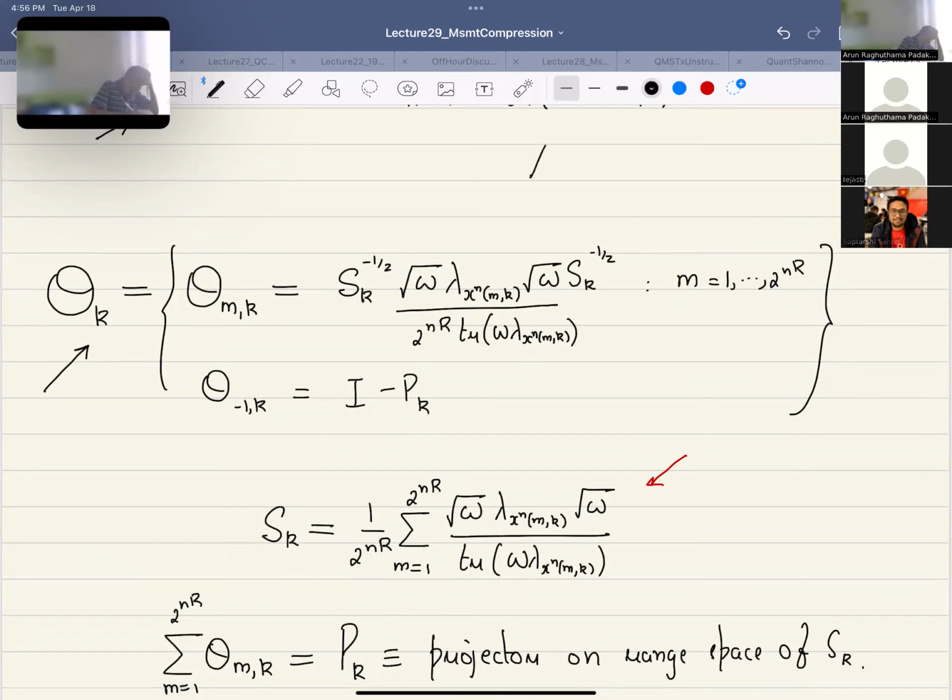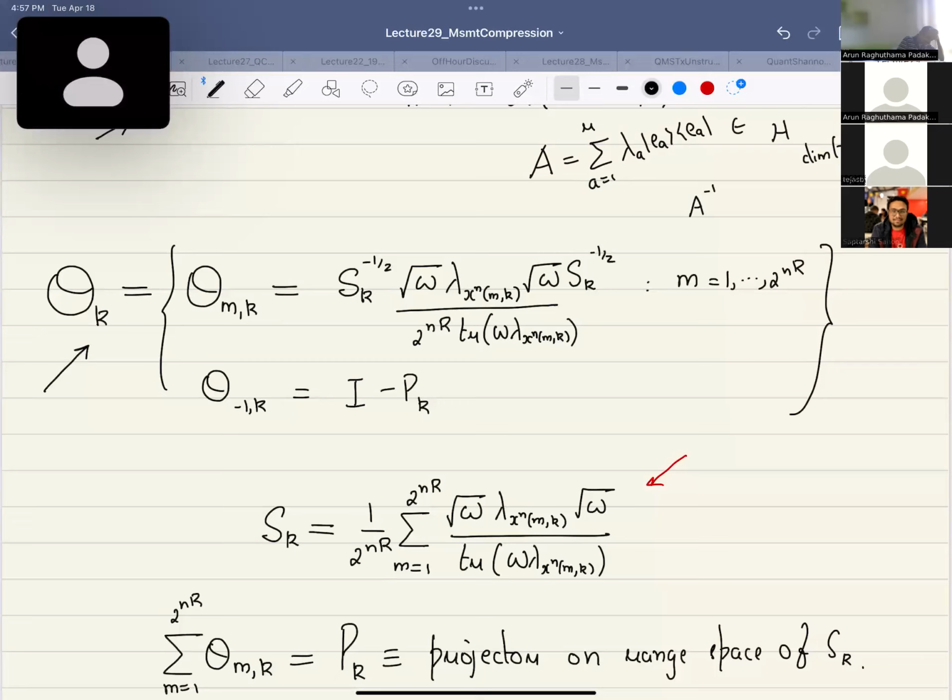If I have an operator A, lambda A EA, with A equal to 1 to R, and suppose this lives inside H, where the dimension of H is D, which is greater than R, then A inverse is defined as, you're just defining like the function inverse. Yeah, you don't invert the zeros. That's essentially what's happening. But then it's not exactly the inverse, right? It's some other thing.